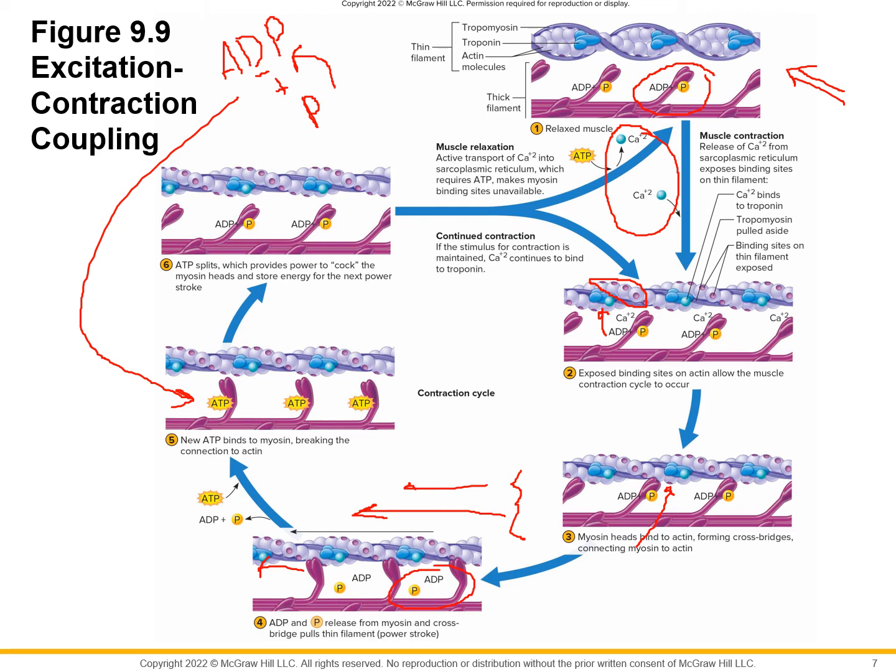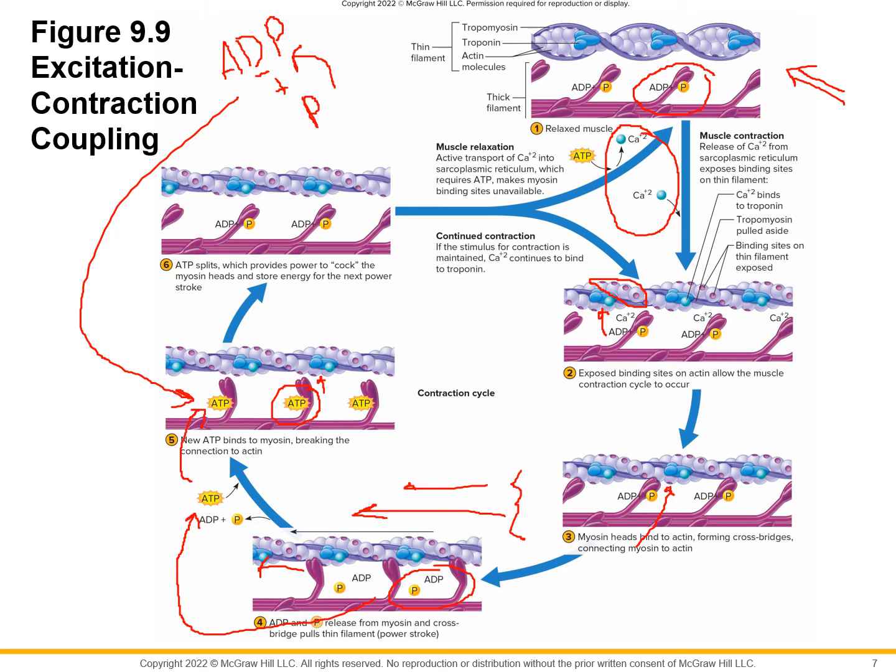Now, when this ADP and phosphate get released, they get converted to ATP. And it turns out that ATP is the thing that these myosin heads love the most. Once ATP is formed, the myosin heads bind to ATP. They let go of the binding site.